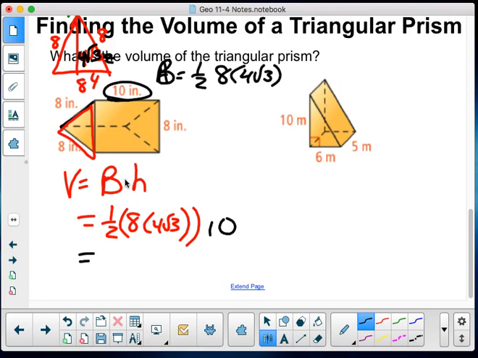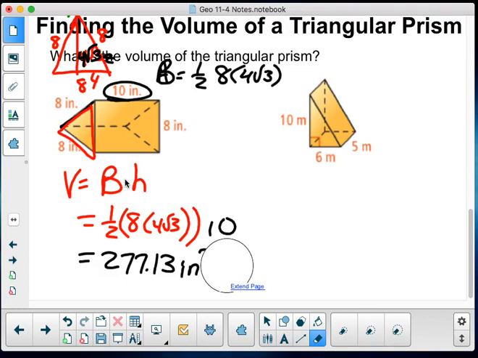Half of 8 is 4, so I got 16 times the square root of 3, times 10. And I come up with 277.13 inches squared. Cubed, excuse me. Volume is cubed.